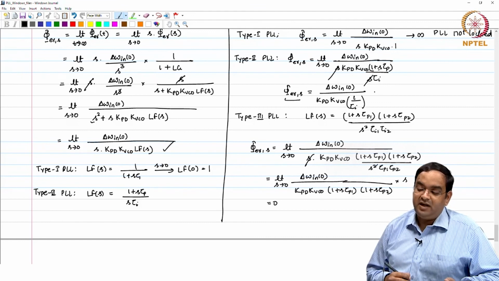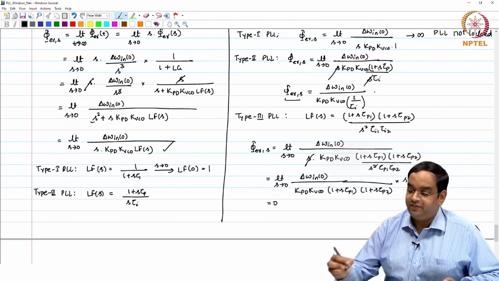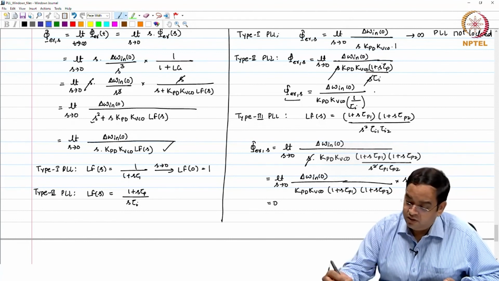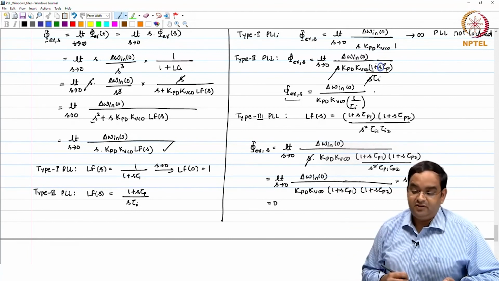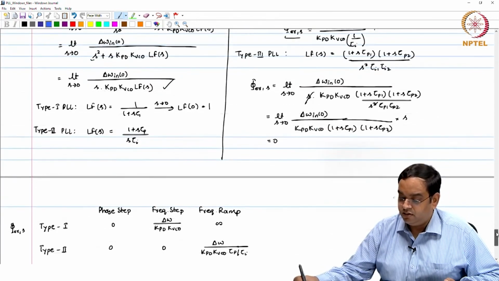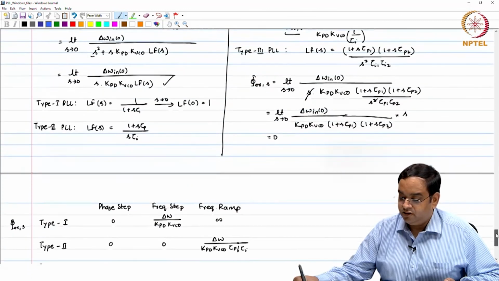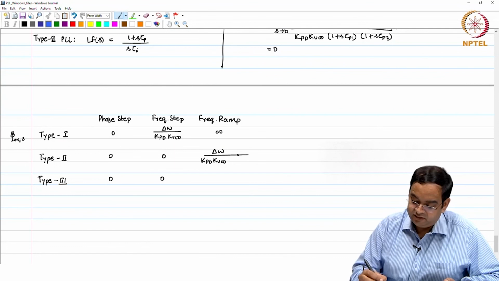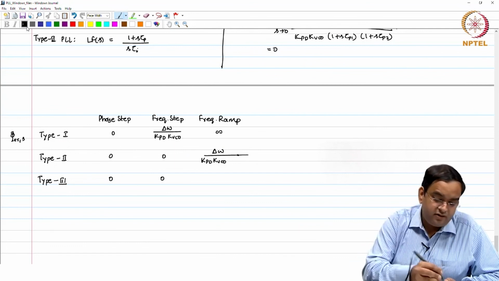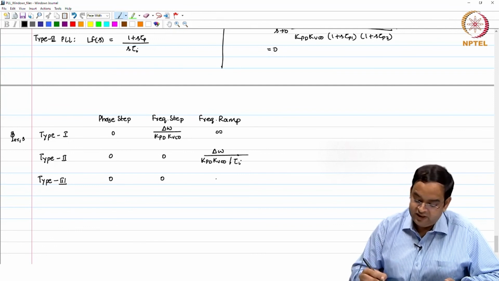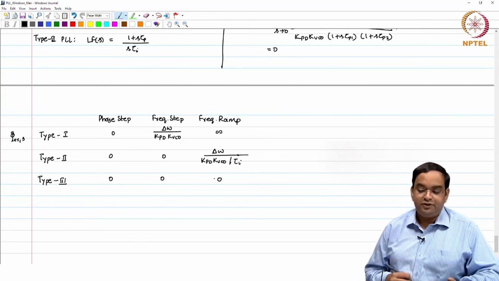So, you have 1 by tau I. In the previous case, you substitute S equal to 0 in this case. Now, yes, right. Now, you go back and we have to correct it, this is divided by tau I, and for frequency ramp type 3 PLL will still give you 0.